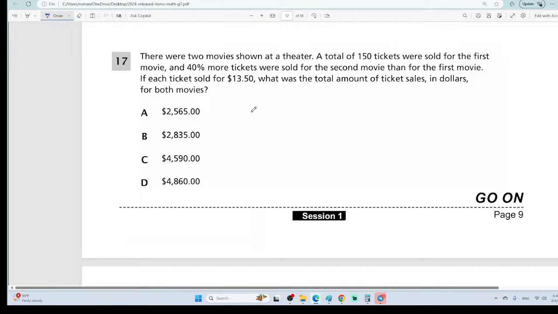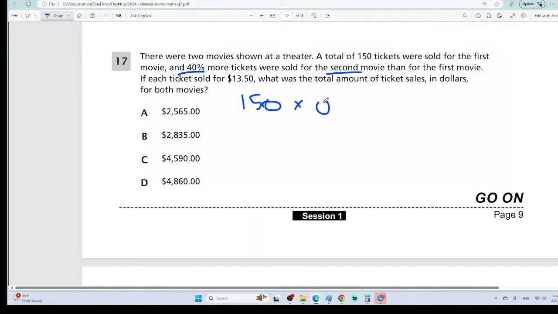Okay, so 150 tickets sold, that was the first, right? And the second movie is 40% more. So let's find what is 40% of that 150.